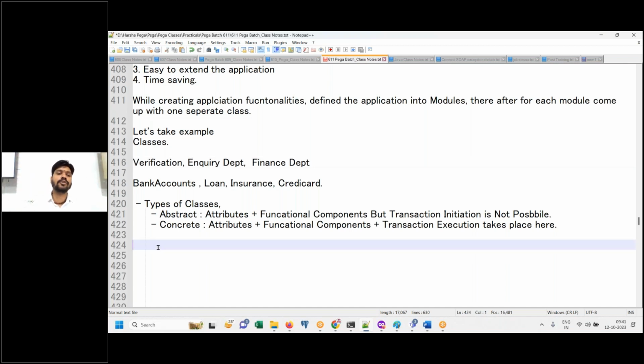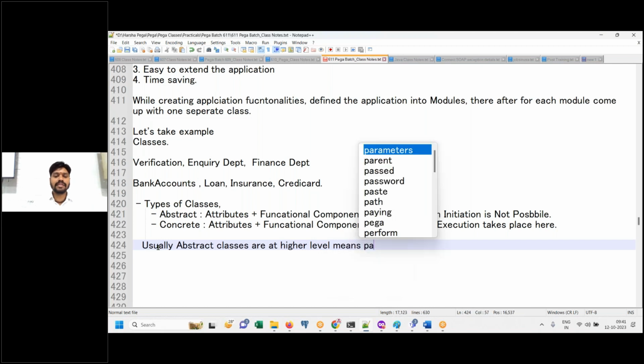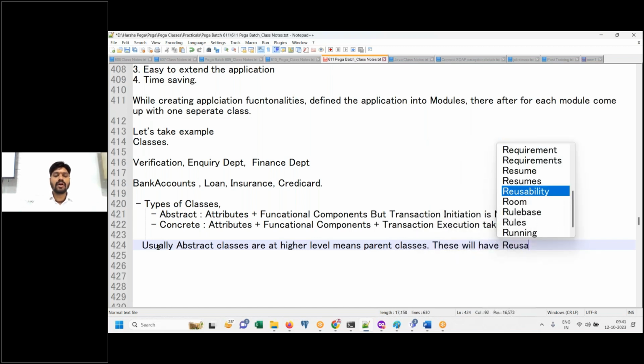In that case, usually abstract classes are at a higher level. Higher level means parent classes. Understand? These will have reusable components.